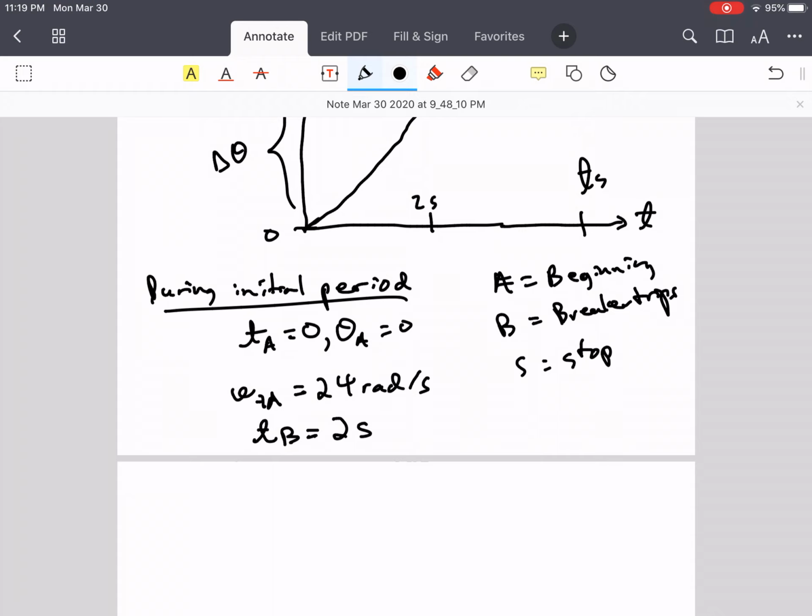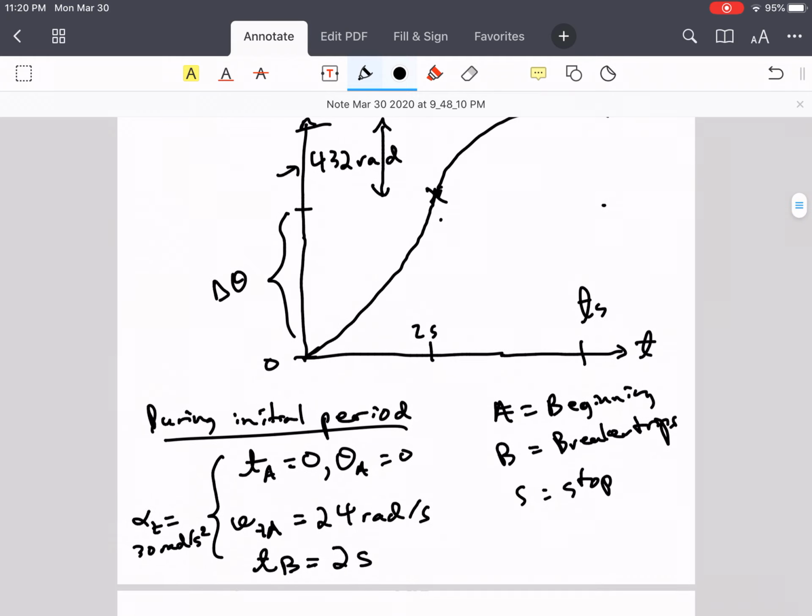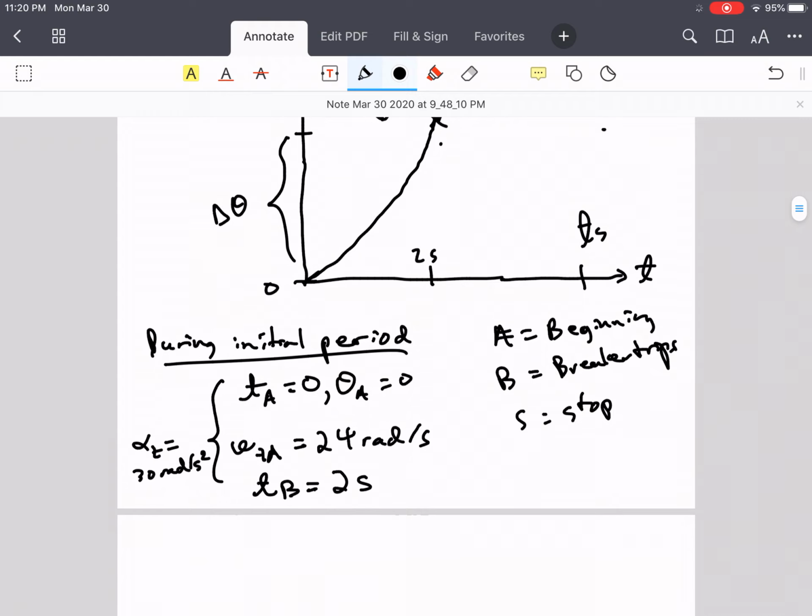And throughout this process, I know I have a constant angular acceleration, alpha z, which is 30 radians per second squared. So constant angular acceleration during this period, and what I'm after is delta theta, or in other words, theta B.